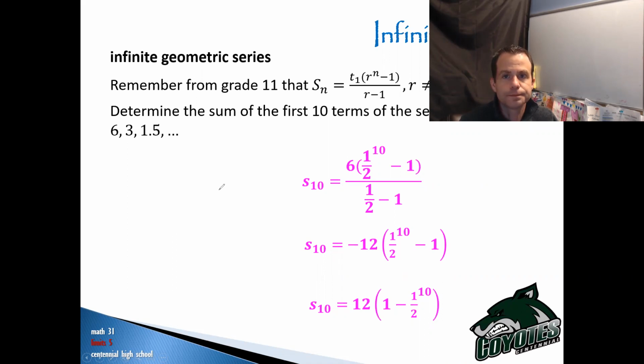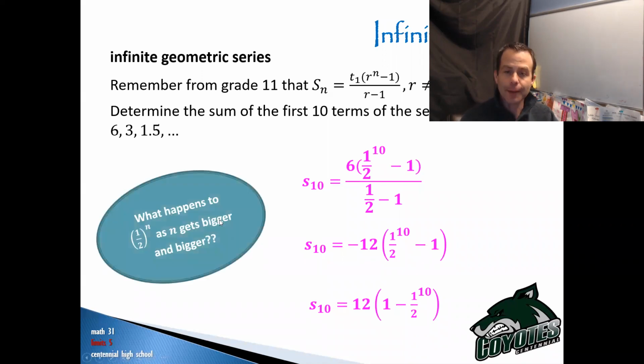Why, Santa Claus, why? This is what I want you to think about now. What happens to 1 over 2 to the n as n gets bigger and bigger and bigger? Well, that was the property we just talked about. 1 over 2 to the n is going to become 0. So the way I've written this, it approaches 0.